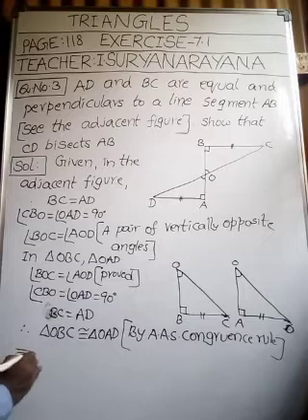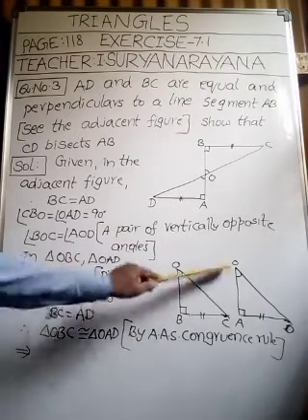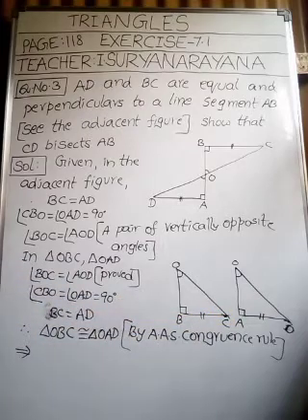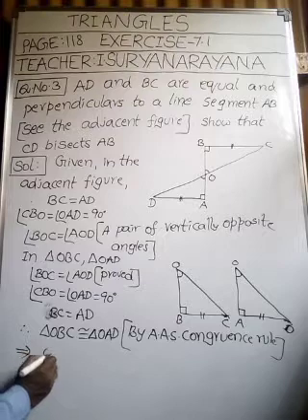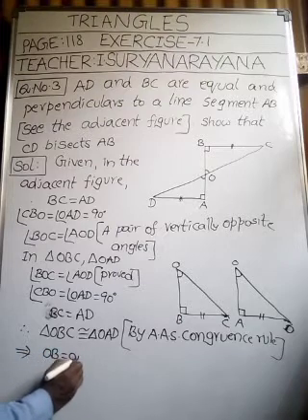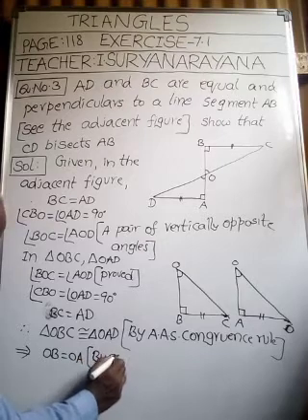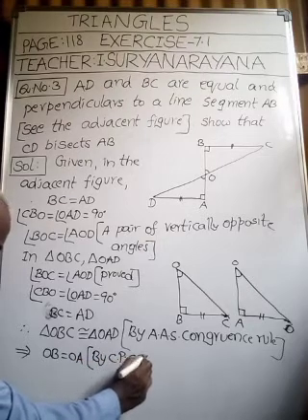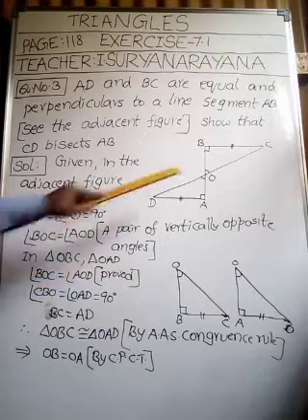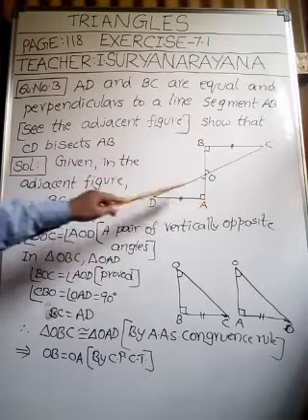This implies, what can you say about here? OB is equal to OA. Isn't it or not, my dear children? OB is equal to OA. By CPCT, we have proved OB is equal to OA.